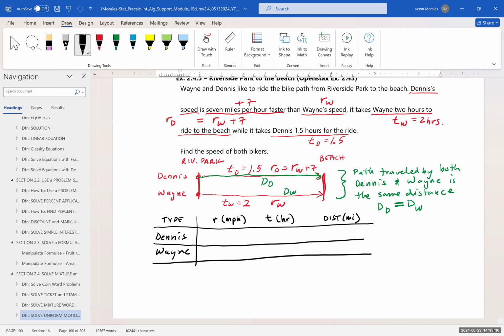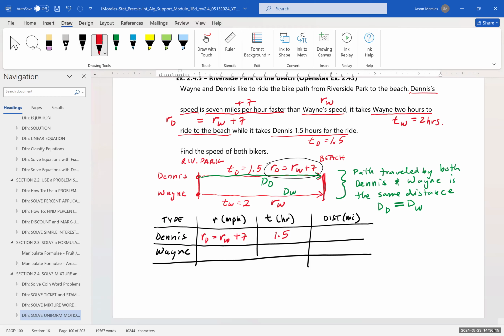All right. So for Dennis's rate, we have this relationship here. Dennis's rate is Wayne's rate plus 7. The time for Dennis is 1.5.